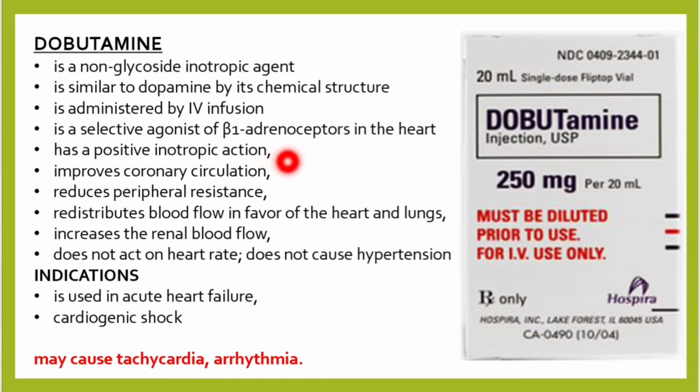It improves coronary circulation, reduces peripheral resistance, redistributes blood flow in favor of the heart and lungs, increases renal blood flow, and it does not act on heart rate, so it does not cause hypertension. Dobutamine is indicated in acute heart failure and cardiogenic shock. The side effects are that this drug may cause tachycardia and arrhythmias.